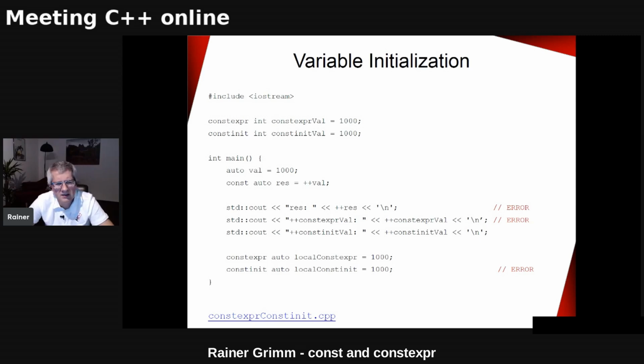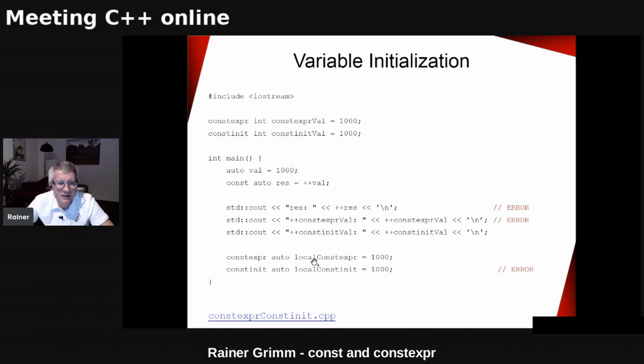Honestly, when I look at it, you have to read it carefully because there's const inside. You have to read it not as const-init, but as const-init. So the only thing which is guaranteed is the initialization at compile time, but it is not const.